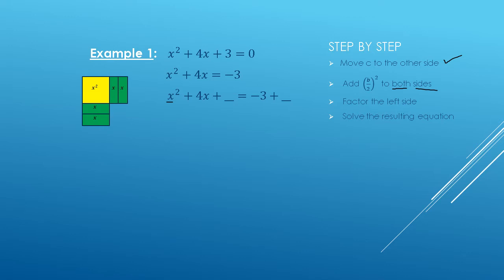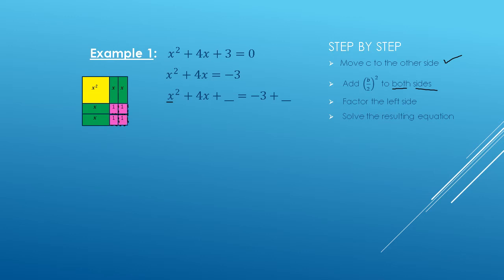And now we can start to see how many ones we would need to complete this square. You see here that the space here is going to need to be filled up with ones. So how many ones do we need here? That's right, we need 4 ones.